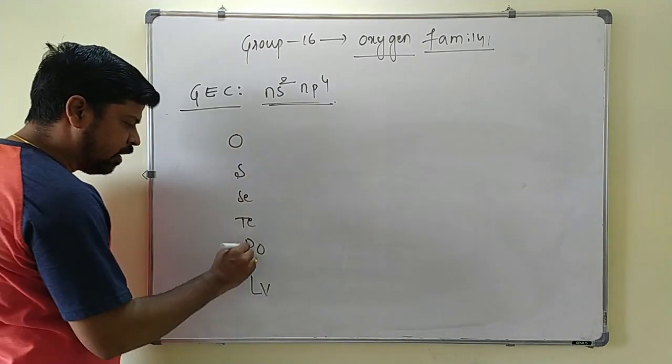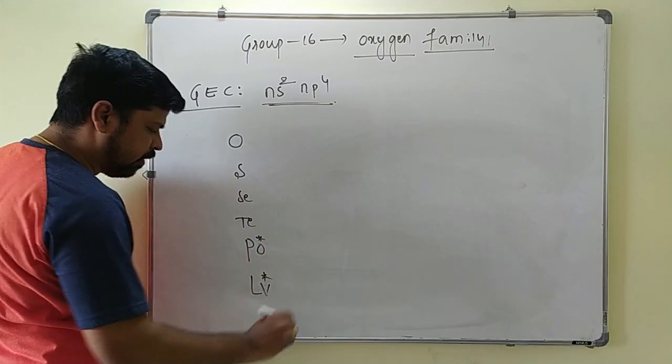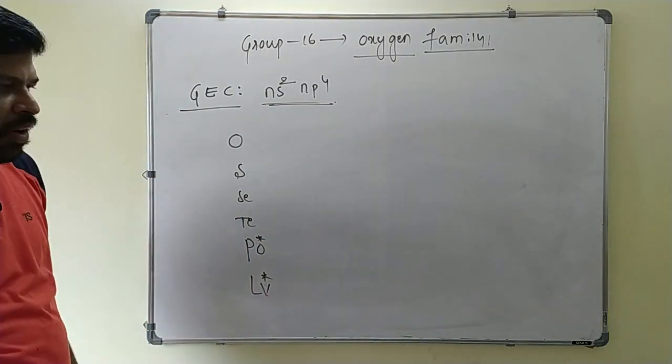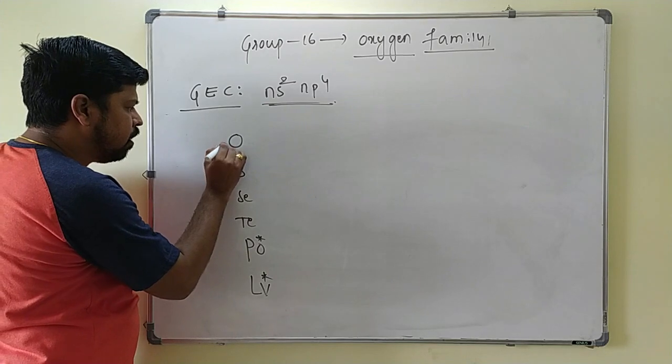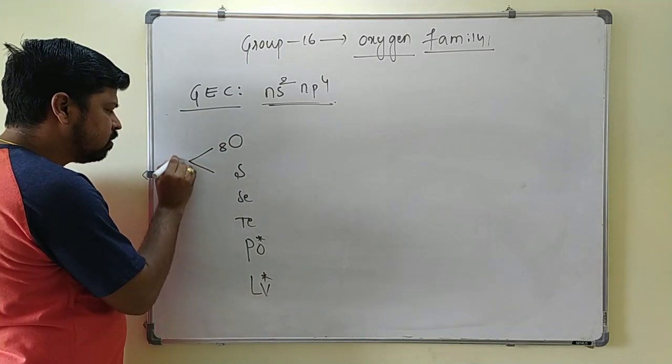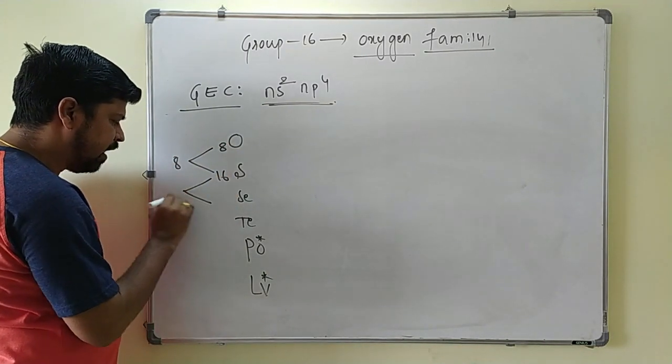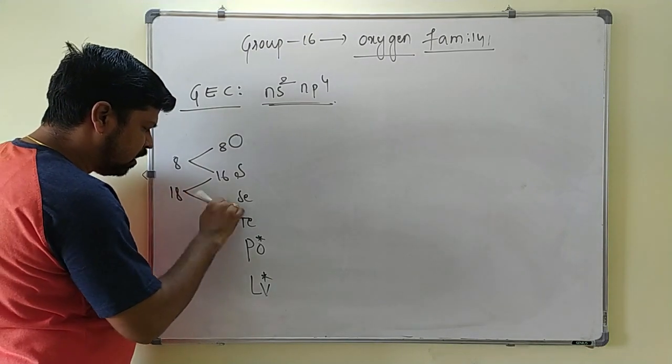We will write the electronic configuration of the remaining elements: oxygen, sulfur, selenium, tellurium, polonium, and the last one is livermorium. These two are radioactive elements. How to write the atomic number? Already we have discussed it. Atomic number is 8. You add 8, you will get 16. You add 18, you will get 34.